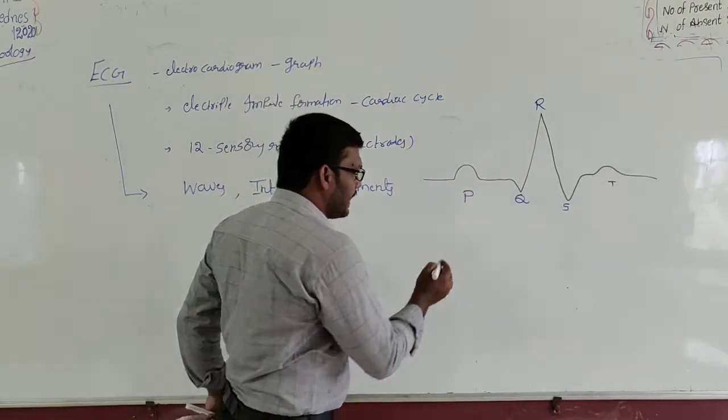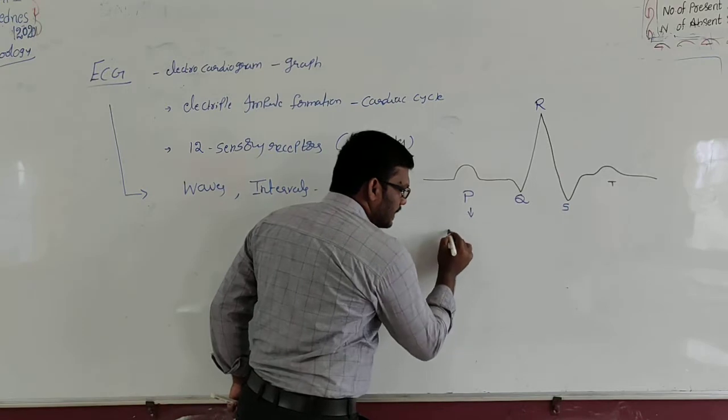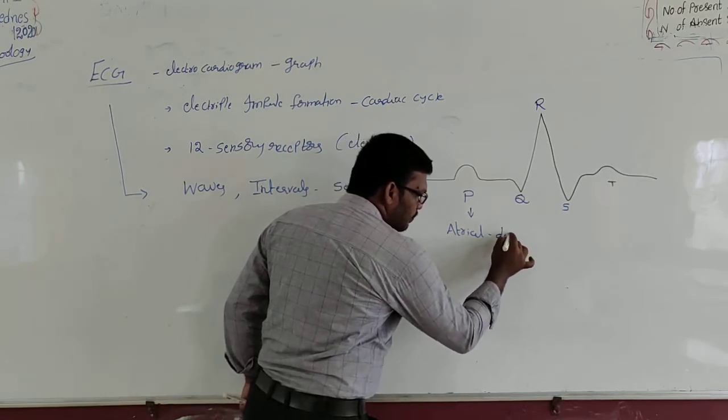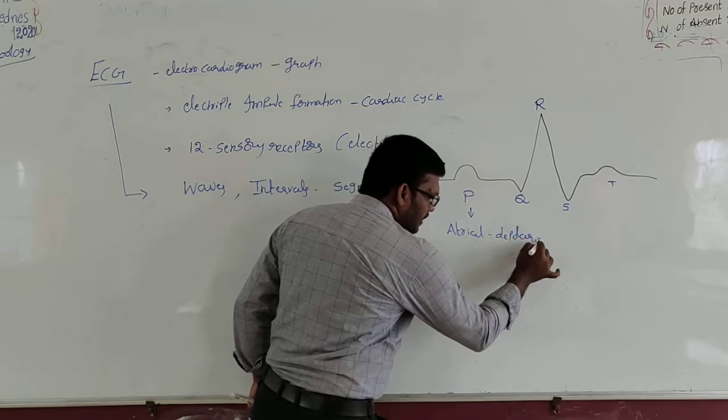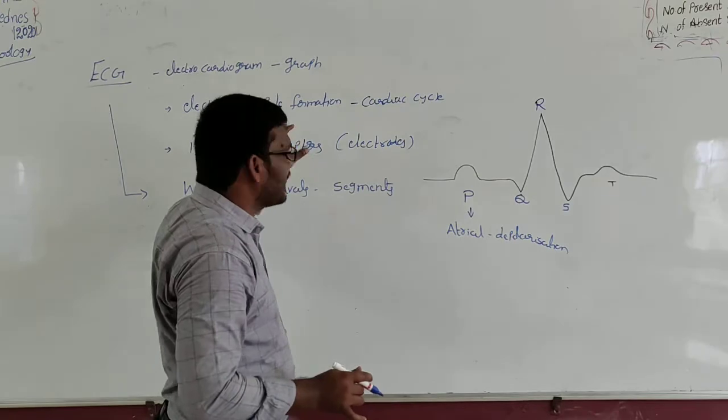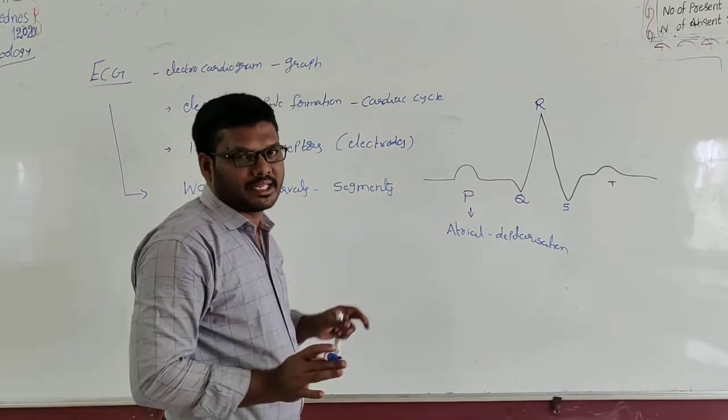P indicates atrial depolarization. What does it indicate? Electrical impulse formation takes place.